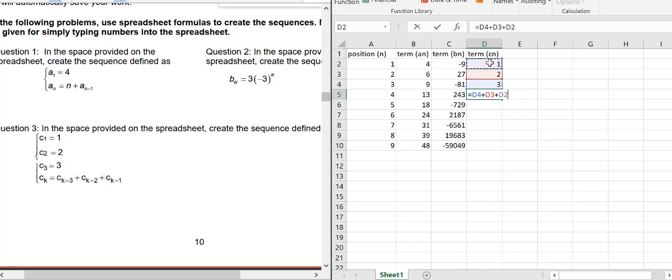So I press enter. Boom. Let's see what happens. I'm just drag it down once. It takes D5, D4, D3, the 3 terms before it, right? And so, voila. Ooh la la.